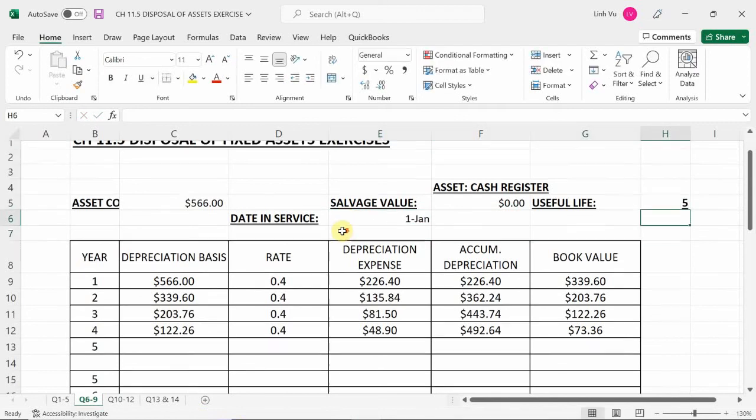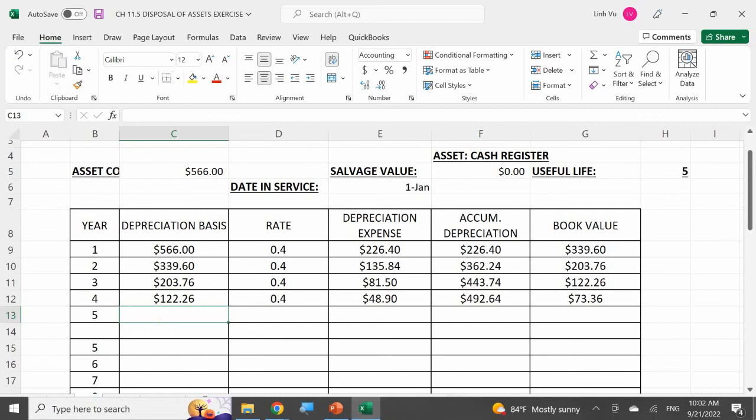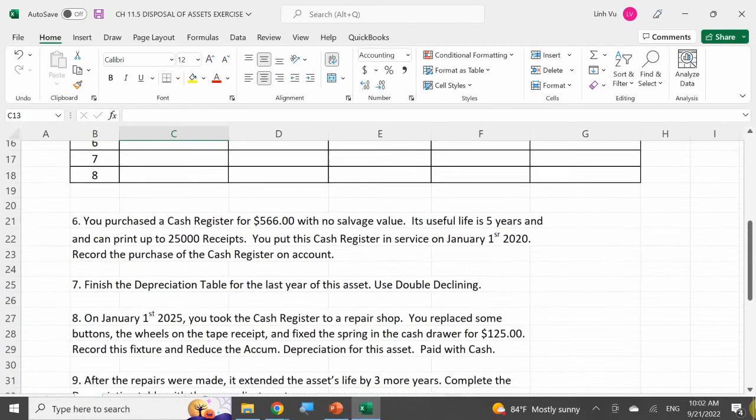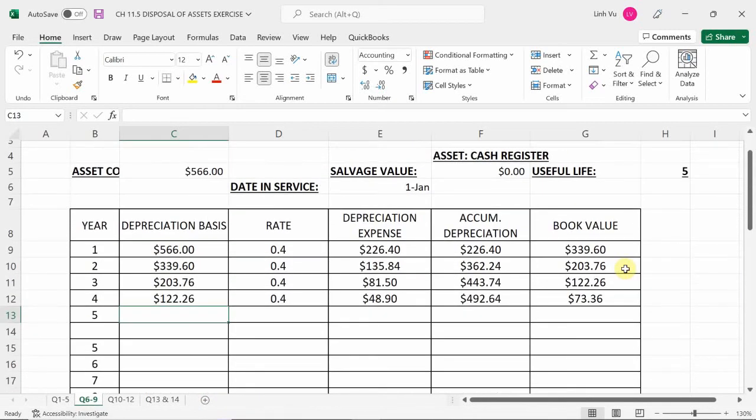So as you can see, we already completed the first 4 years for you. So just go ahead and complete the 5th year. So in this case, I'm using double declining, right? Finish the depreciation table. Use double declining. So what's my depreciation basis going to be?